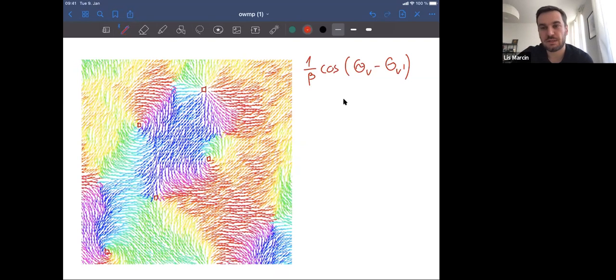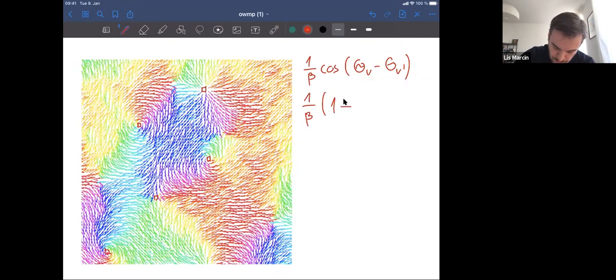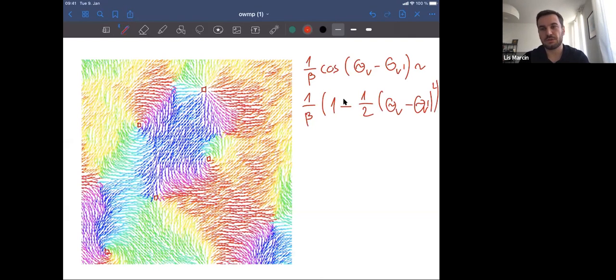So what you can say is that at low temperature, or high beta, these two numbers inside will be close to each other very often. So you can try to approximate this cosine by its Taylor expansion of degree 2. So you can just write that this is approximately the same as a constant minus (theta_v minus theta_v') squared over 2. So this is all in the exponential in my measure.